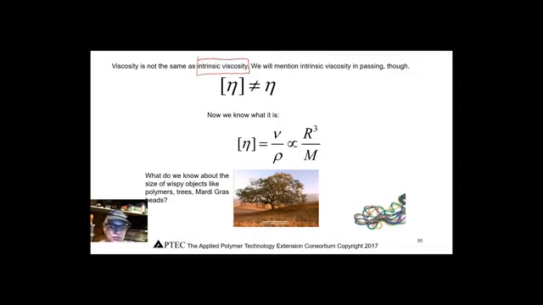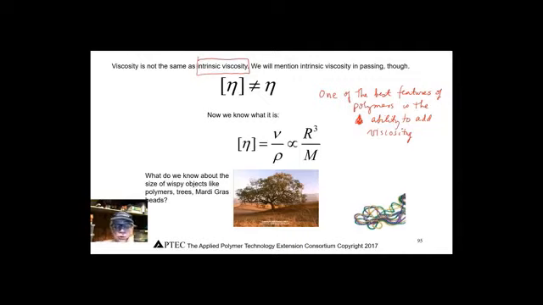One of the best features, and one of the most characteristic features of polymers, is the ability to add viscosity to a liquid.